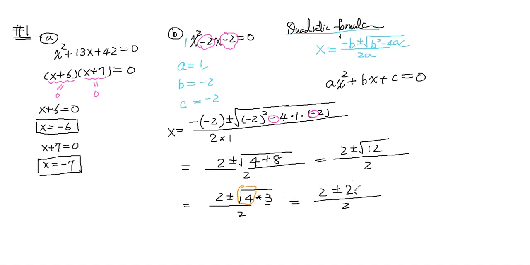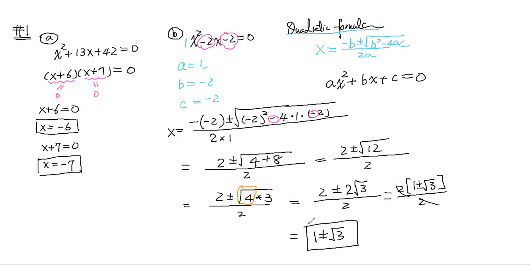Then you still have a 3 inside the square root. So it will be 2 plus or minus 2 square root of 3. Then to simplify one more time, you factor the 2 out, so this is 1 plus or minus the square root of 3. Then the 2s cancel. So your answer will be 1 plus or minus the square root of 3.